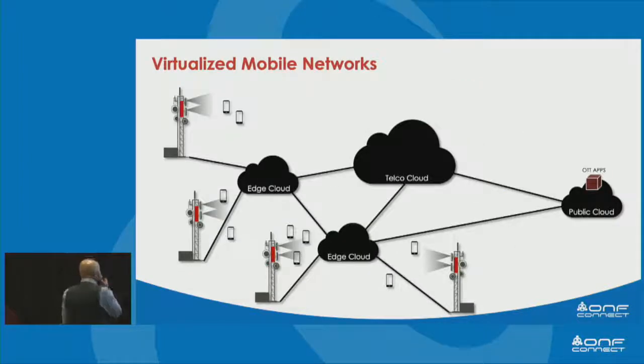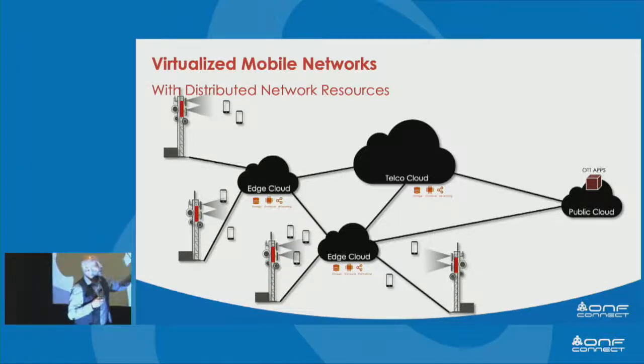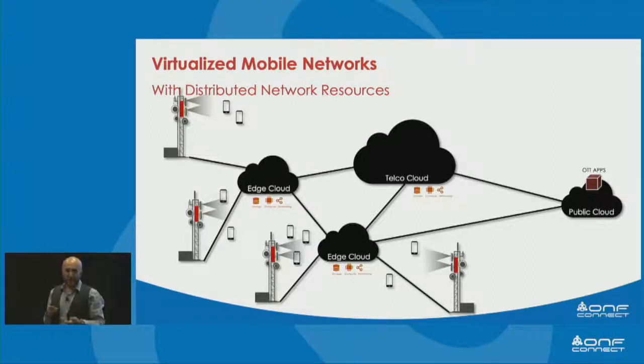So in that case, the end-to-end, completely virtualized wireless network would look something like this. I would have a number of locations where I could host these virtualized components. Then the network resources, let's start with that: at these locations, I would have the storage, the compute, and the networking resources, just like the cloud paradigm.